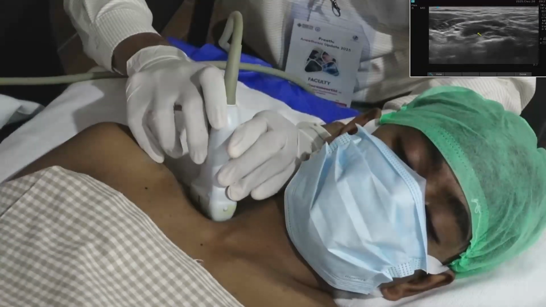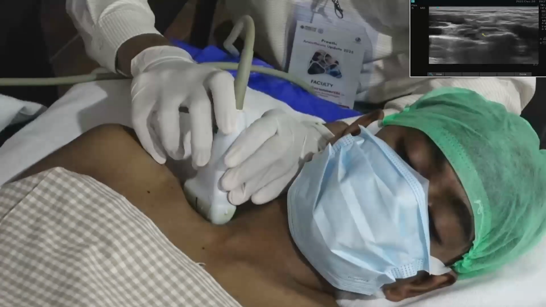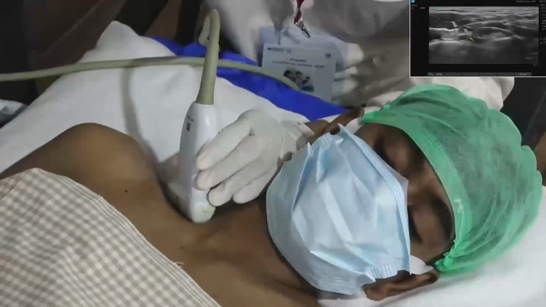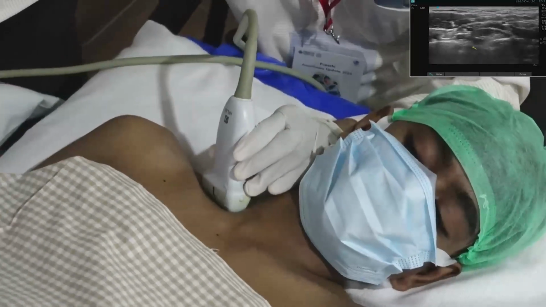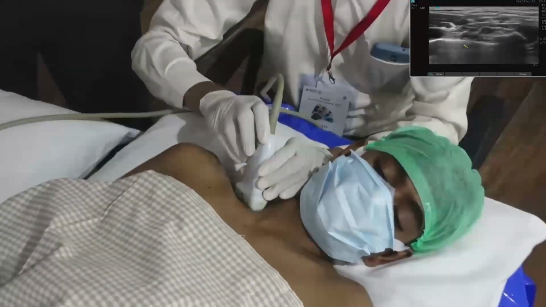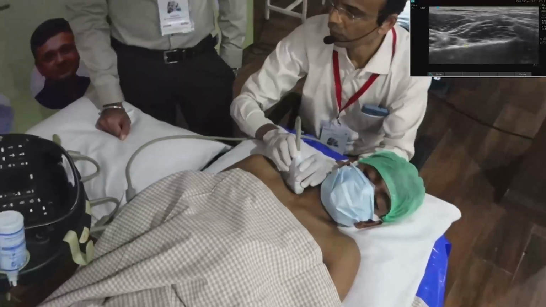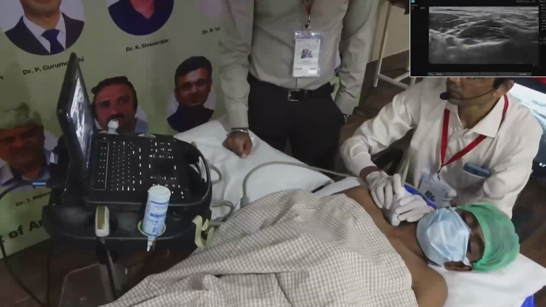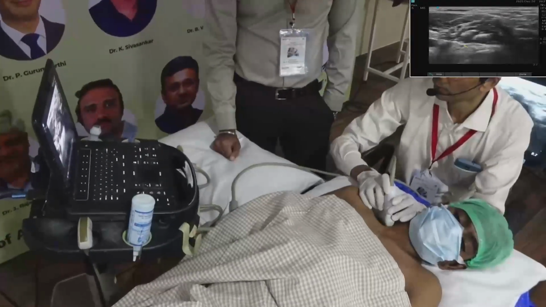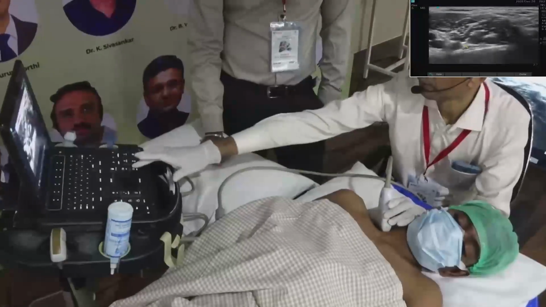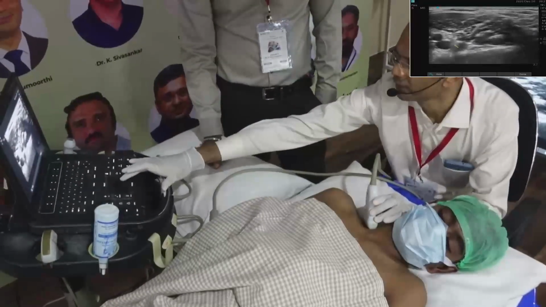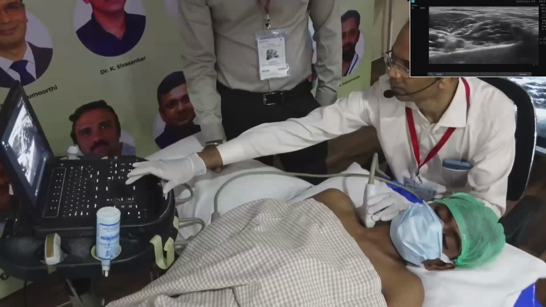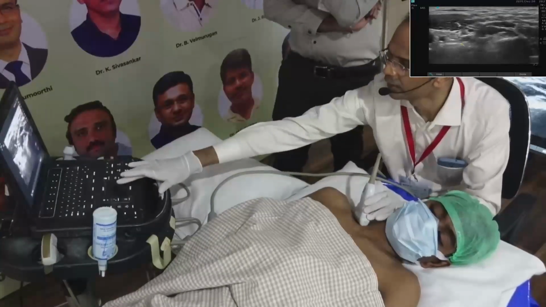So if you see some component moving out of the thoracic cavity, and you can see the pleura here, one component is moving out of the thoracic cavity and joining our regular interscalene groove area. So probably this is T1 and C8.